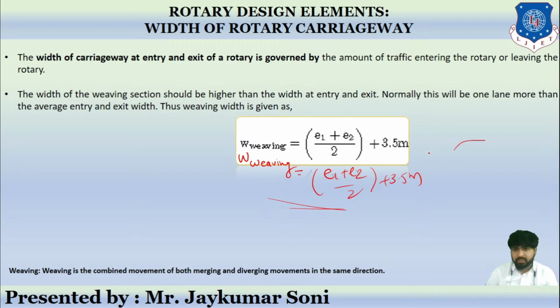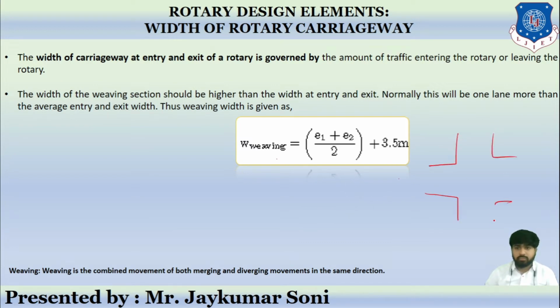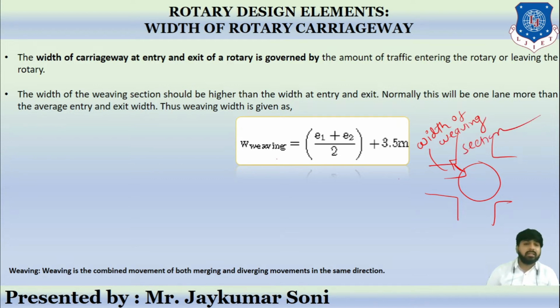Weaving section means this. Let me show it for you. If this is the road and this is the rotary, then this is called the width of weaving section. So what is the criterion? This width of weaving section should be higher than the width of entry and the width of exit.